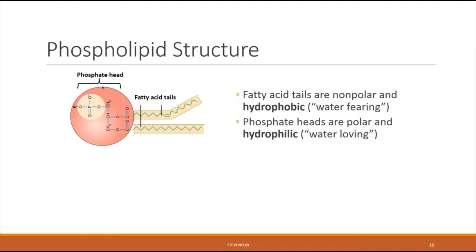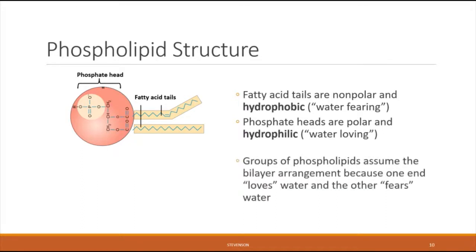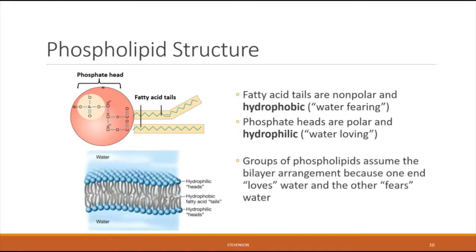So when you get conglomerations of these together, they organize themselves all on their own into this bilayer that composes the membrane because the phosphate heads want to dissolve and interact with water, and the fatty acid tails want to escape from water, and this arrangement satisfies both of them. So all cells have a membrane. That's one thing that they all have in common.